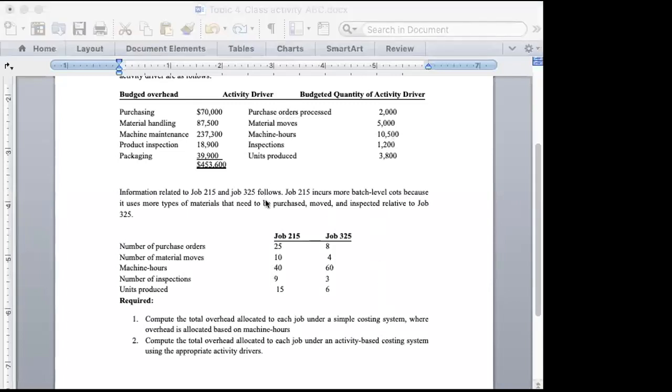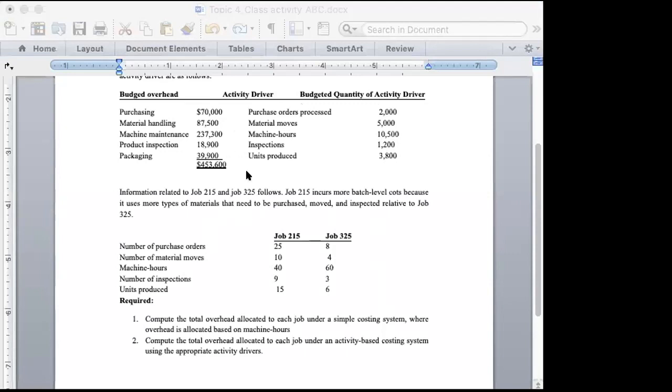So step 1 in ABC is cost pool. Step 2 is cost driver. Step 3 is POHR. Of course, if five pools, five drivers, you have five POHRs, right? And step 4 is apply POHR.